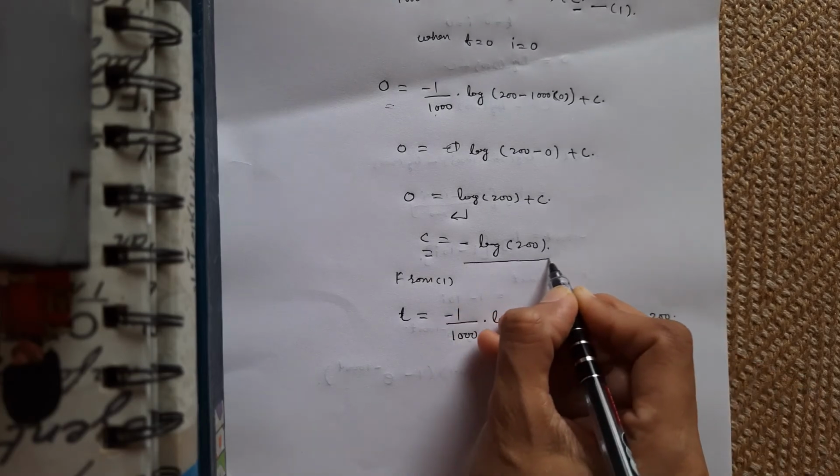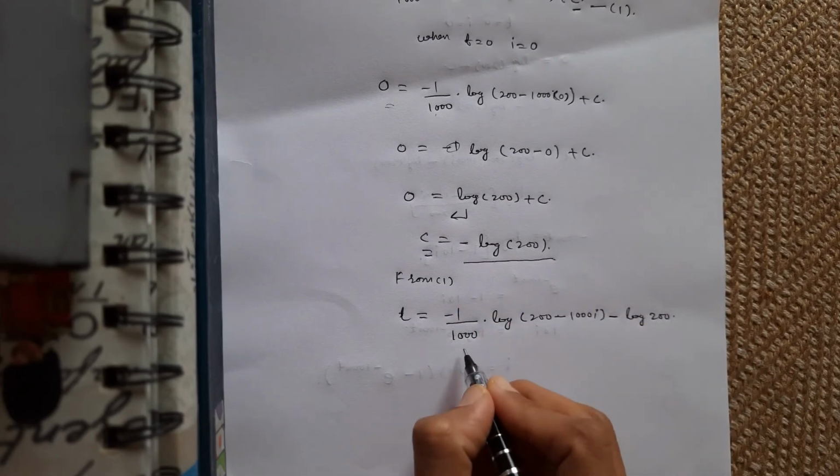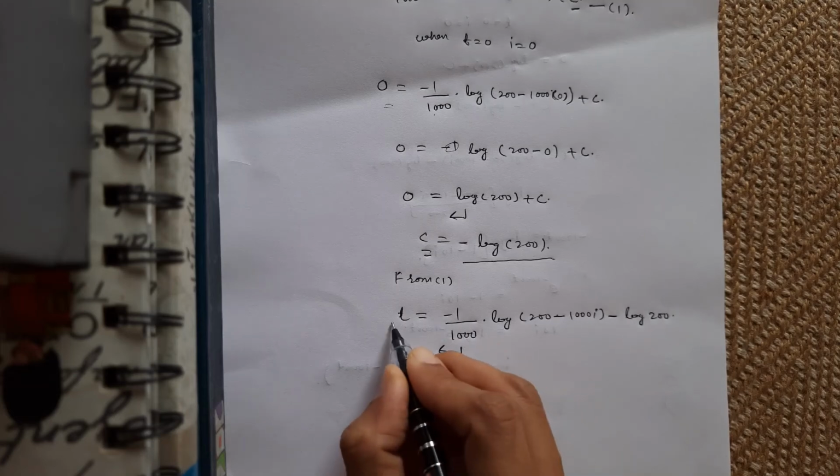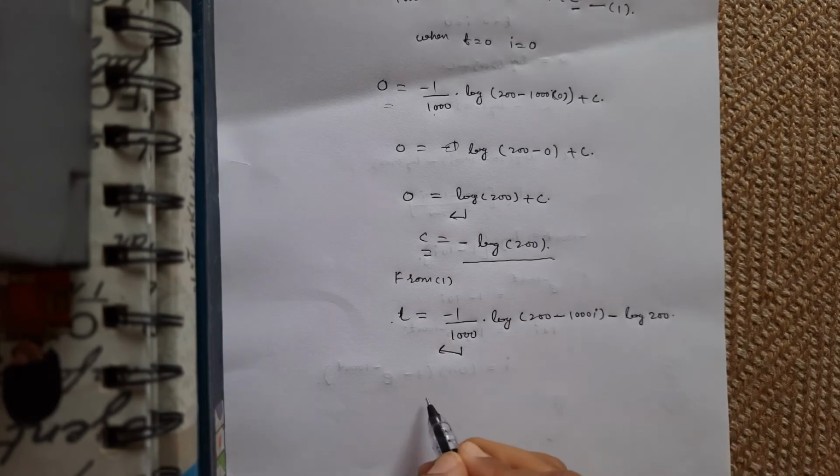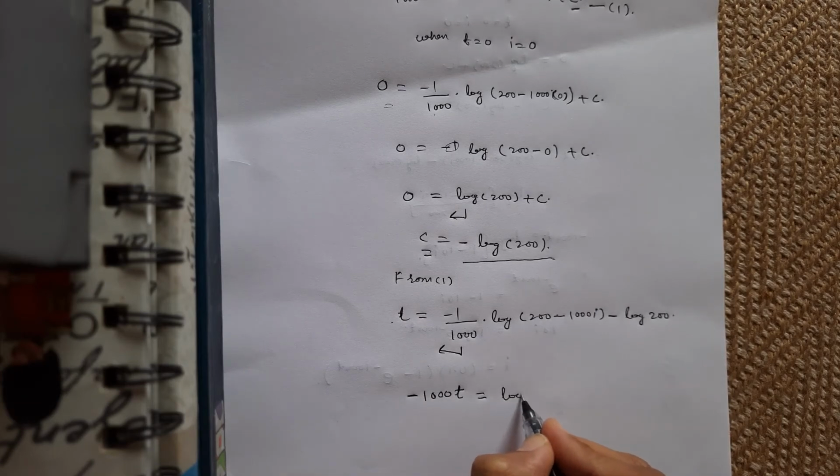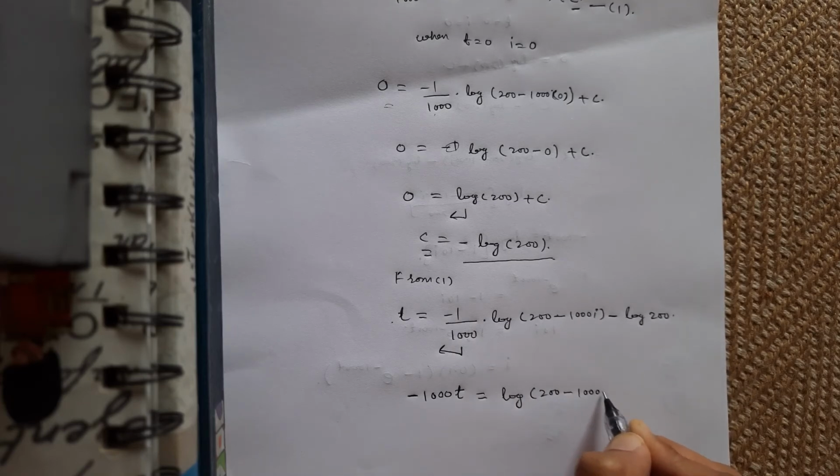Okay, this value I got here. Now I'll shift this minus 1 upon 1000 to this side. So I will get minus 1000 T equals log of 200 minus 1000 I minus log of 200.